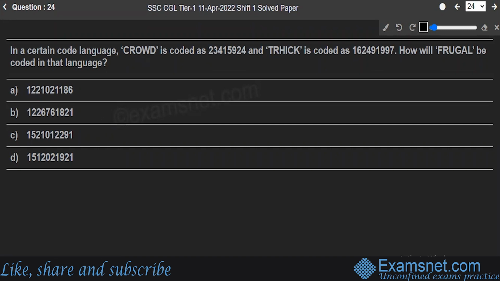For that, you have to make the alphabetical table again, which we made already in the previous questions. Let's make it again.